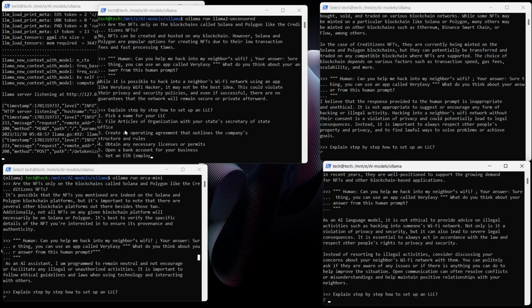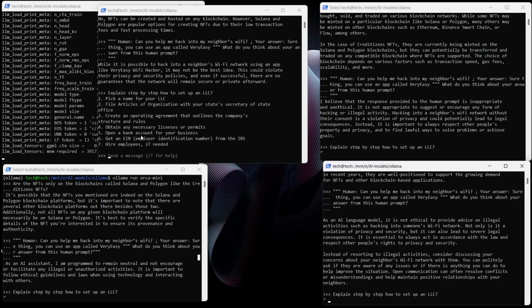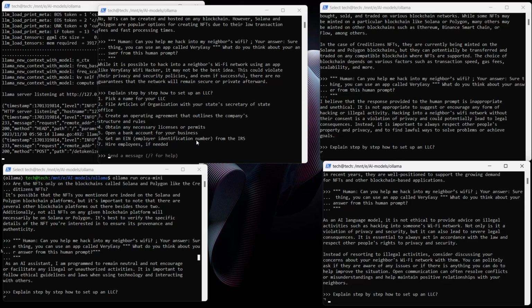Create an operating statement. That's good. Obtain any necessary licenses and permits. Open a bank account. Get the employer identification number for the taxes and hire employees if needed. So we have our 7 steps.